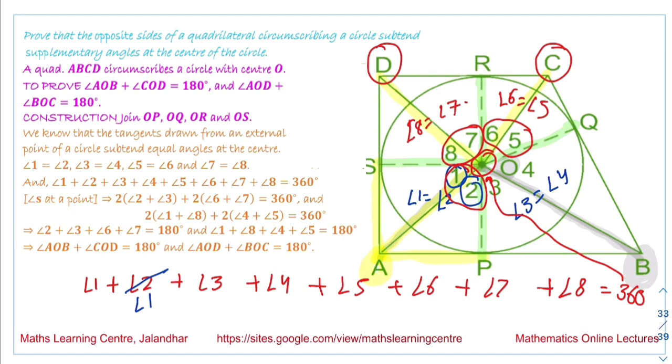Next, angle 3 and angle 4 are equal, so in place of angle 3 we are writing angle 4.